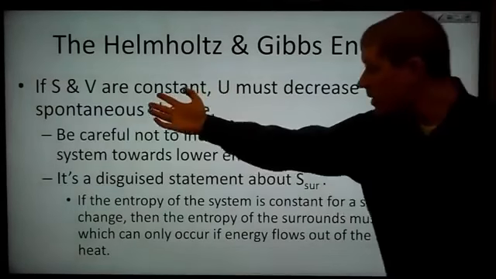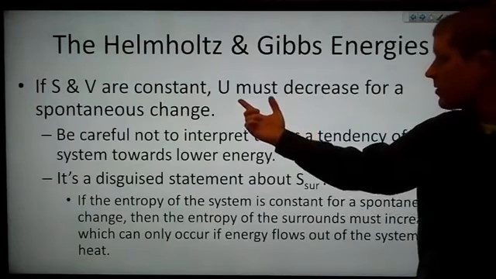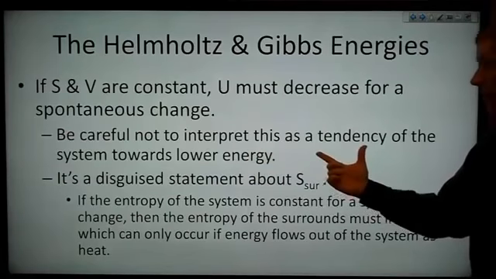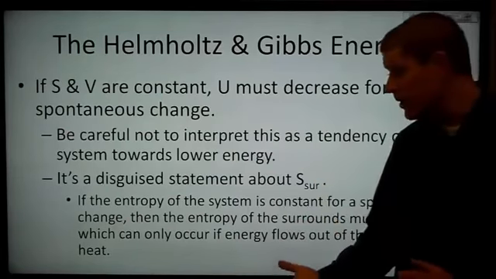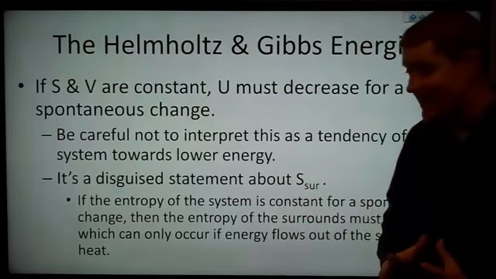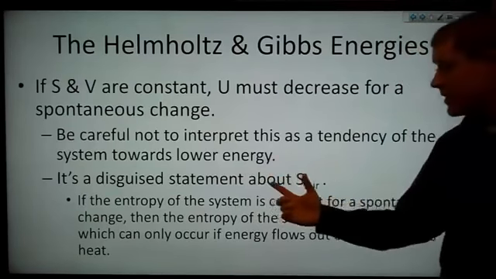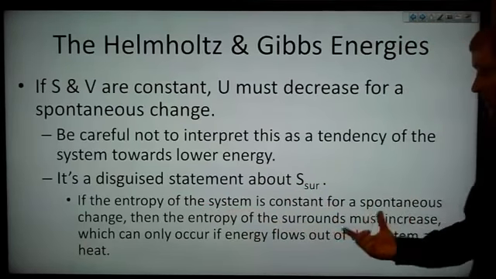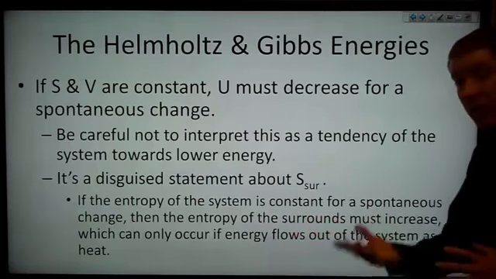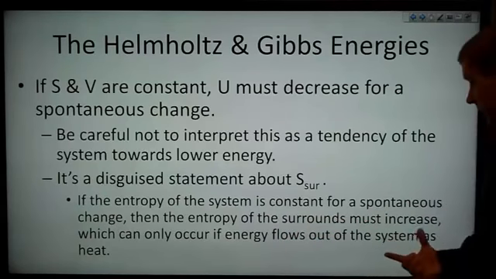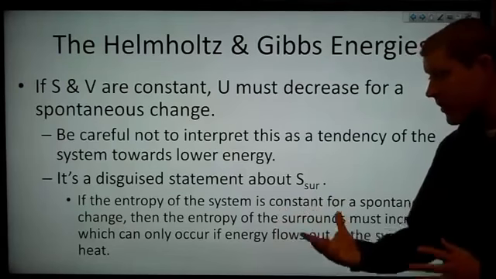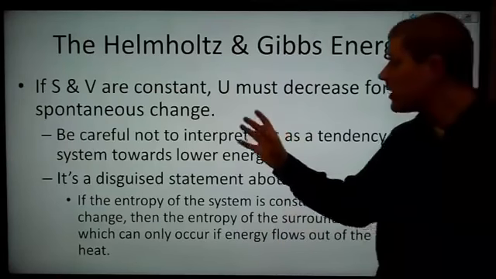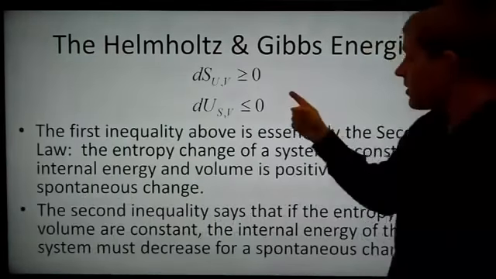So if the entropy and volume are constant, then internal energy U must decrease for spontaneous change. Be careful, don't interpret this as a tendency of the system towards lower energy, which is tempting to say, but that's not the case. It really is a disguised statement about the entropy of our surroundings. If the entropy of the system is constant for a spontaneous change, then the entropy of the surroundings must be increasing. And the entropy of our surroundings can only increase if the energy is flowing out of the system as heat.